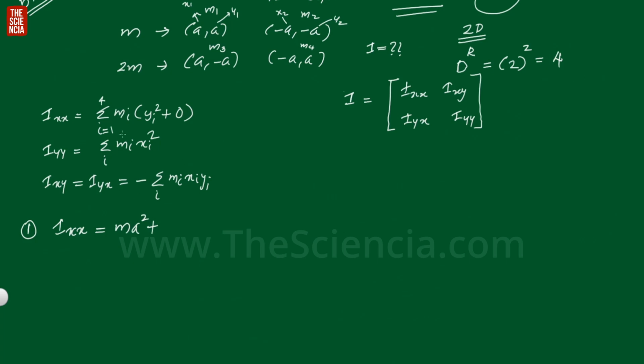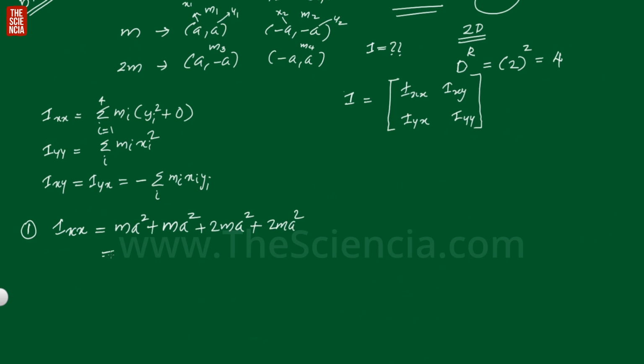For the second mass, the mass is m and its y coordinate is minus a, so when we square it, it will be ma square. The third mass is 2m with y coordinate a, so 2m a square, plus 2m a square for the fourth.